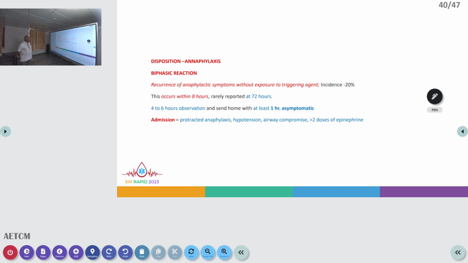These patients should always be kept under observation for a prolonged period, and at least make sure that they are 1 hour asymptomatic. Certain patients need admission: protracted anaphylaxis, protracted hypotension, airway compromise, and those who receive more than 2 doses of epinephrine.